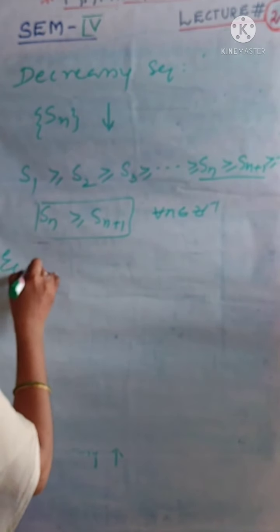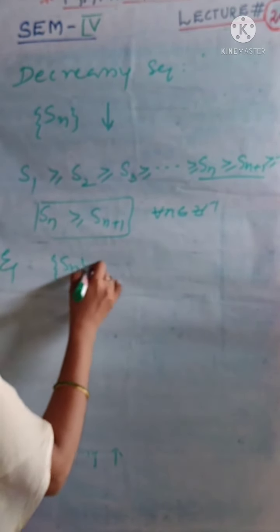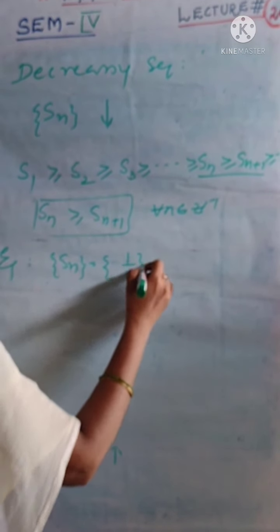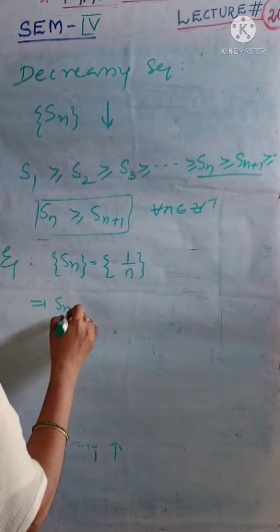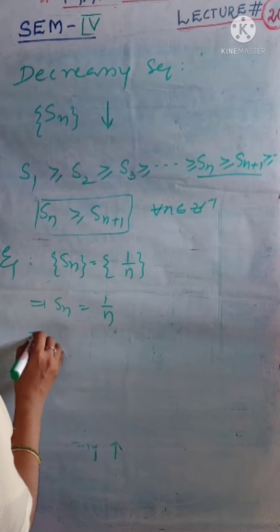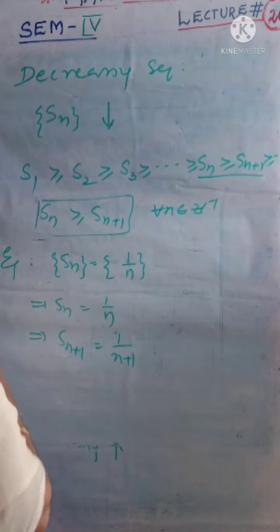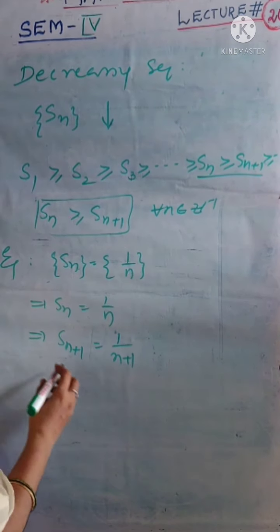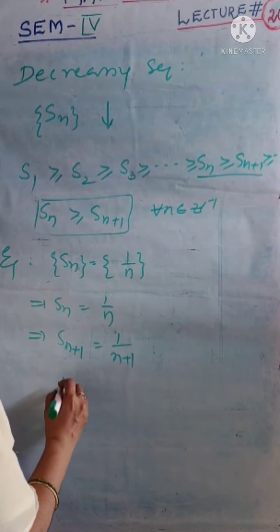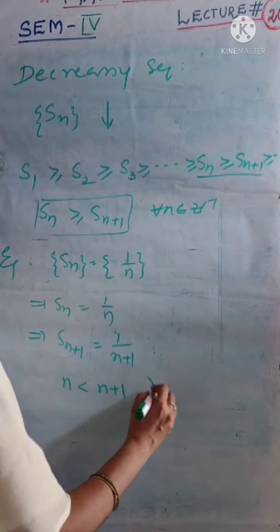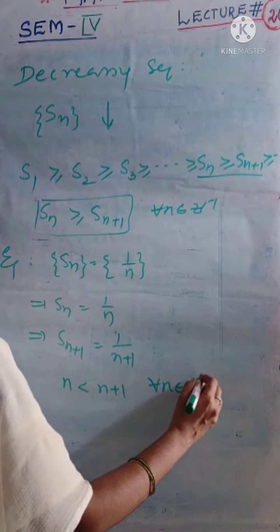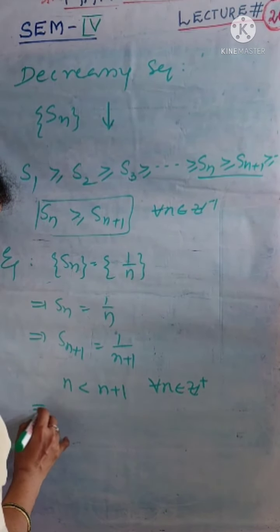For example, if you consider sequence Sn as 1 by n, then what is Sn here? 1 by n. The next term of the sequence is Sn plus 1, that means 1 by n plus 1. We know that for every positive integer, n is less than n plus 1; this relation occurs.